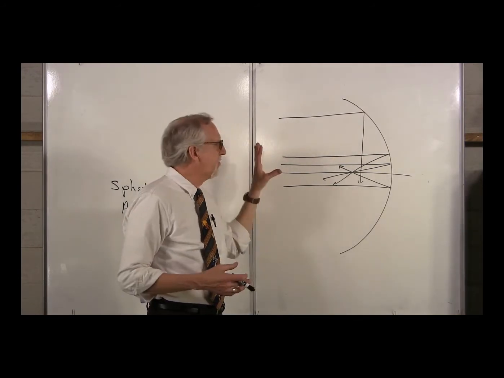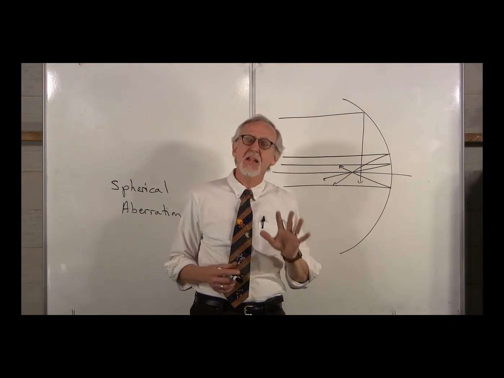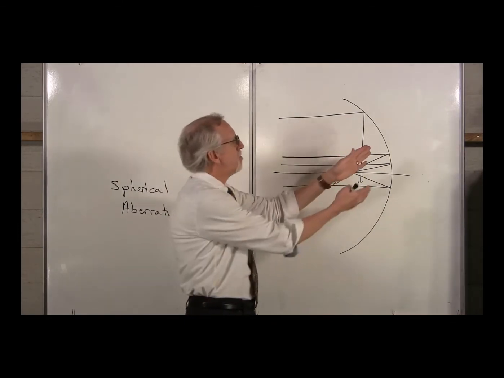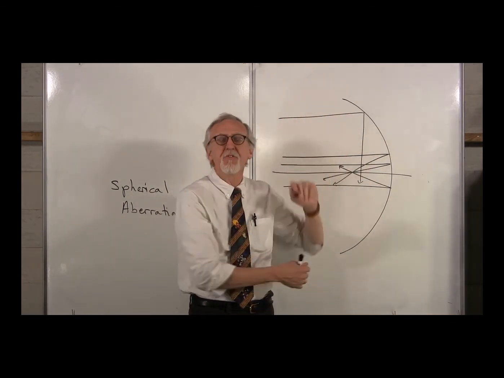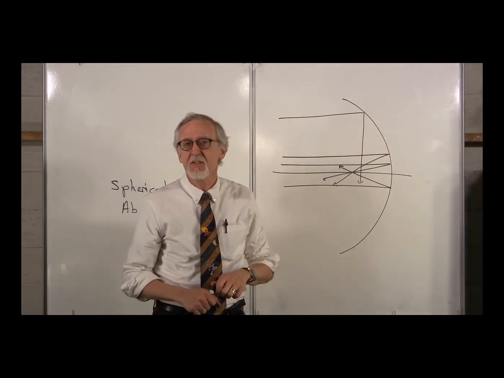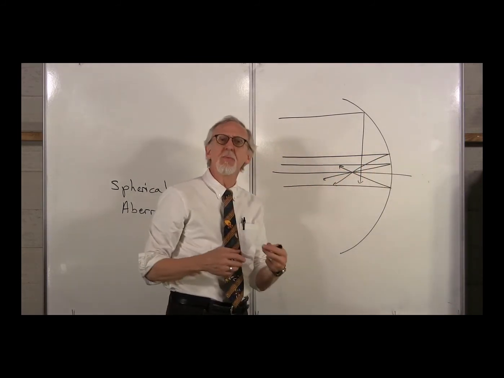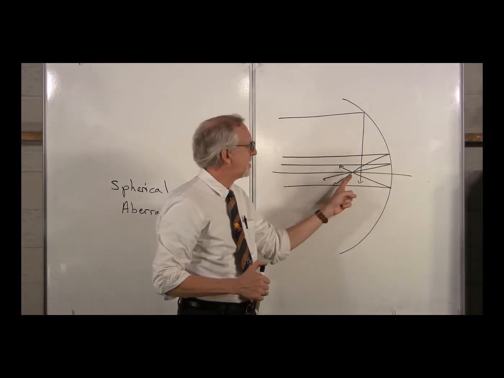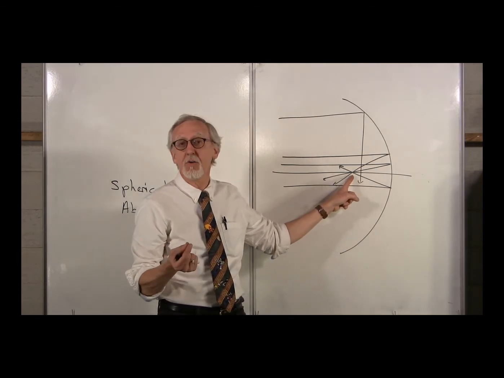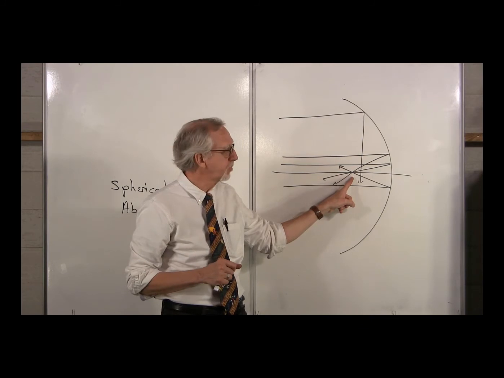That means if you are trying to make an image, your image will be a little out of focus. And the larger the mirror is, the further it is away from the principal axis, the more out of focus that image will be. Even if it's a very small mirror, it's going to be a little out of focus because all of the rays are not going to reflect to exactly the focal point, but only close to the focal point.